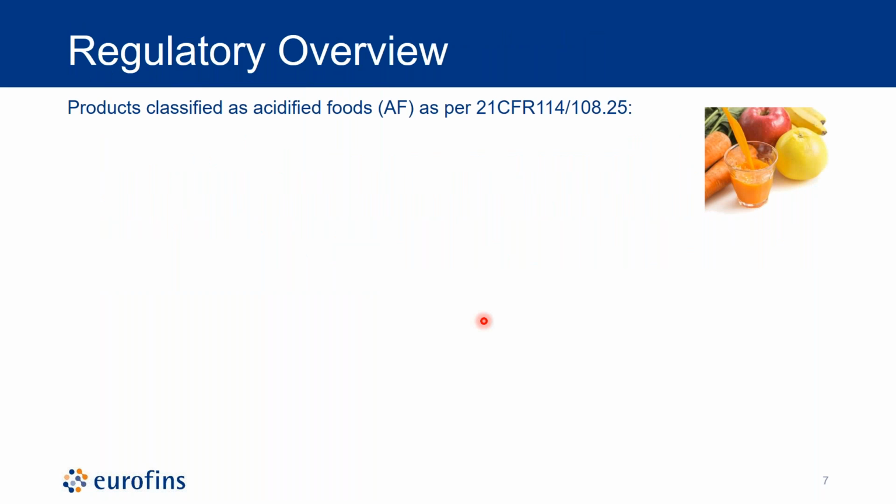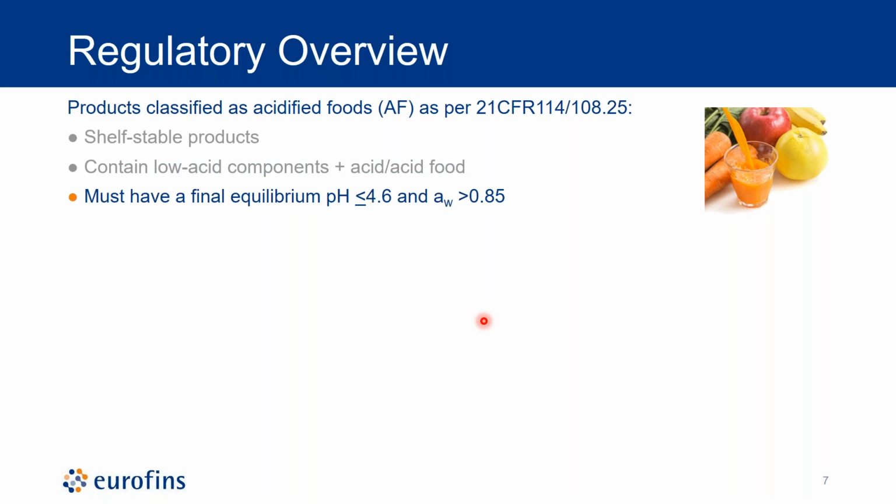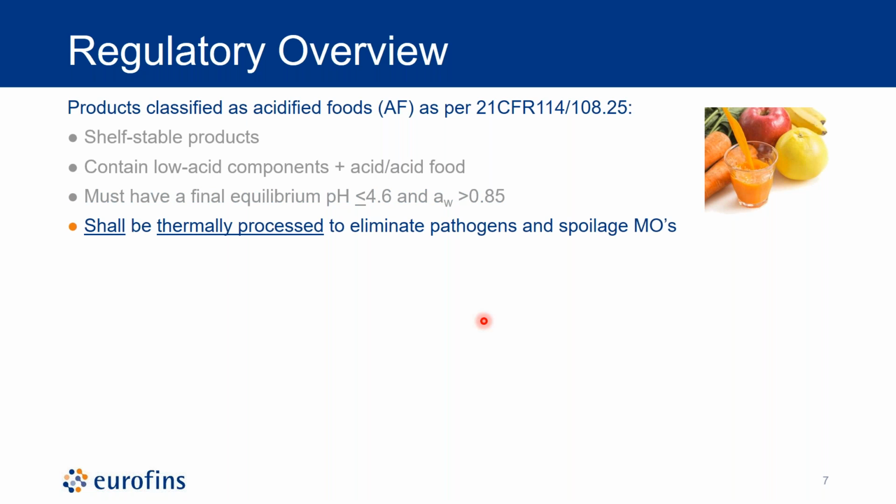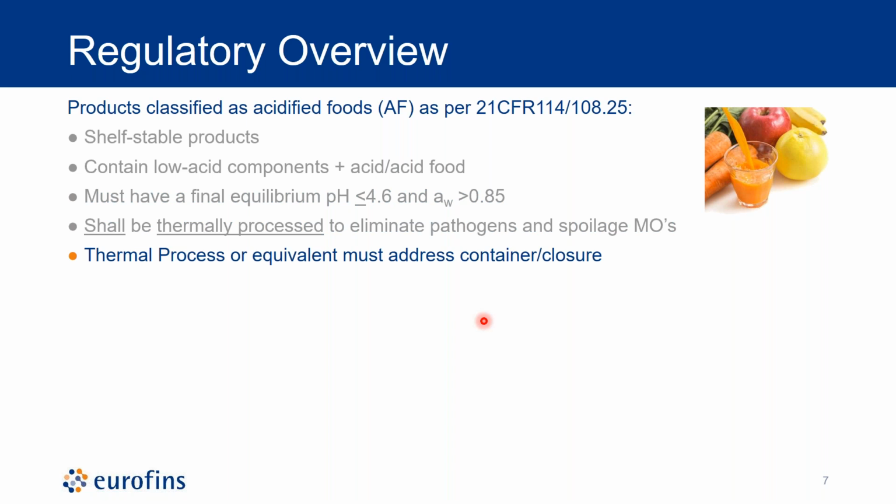So we know from a regulatory standpoint that these are shelf-stable products that contain low amounts of low acid components plus an acid or acid food. They must have an equilibrium pH of less than 4.6, water activity greater than 0.85, and shall be thermally processed. The thermal process or equivalent also must address the container and the closure.